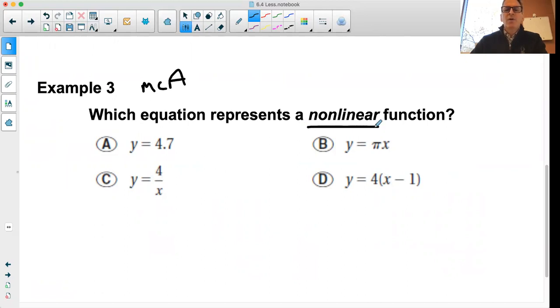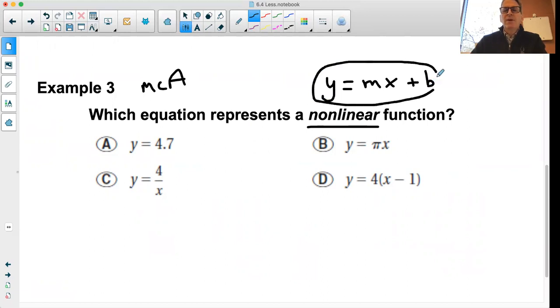So we're looking for an equation out of these 4 that does not look like slope-intercept. Basically, if it doesn't look like mx plus b, it is considered nonlinear. So that's what this is going to be all about.